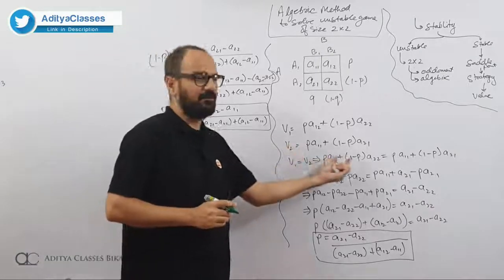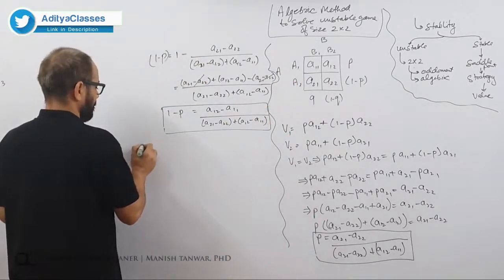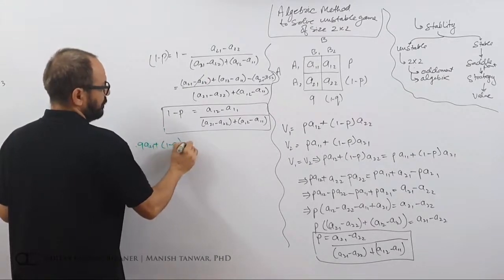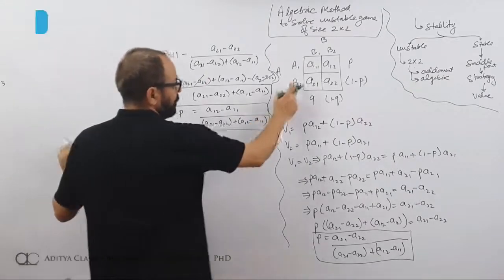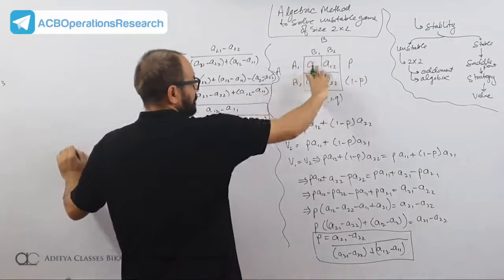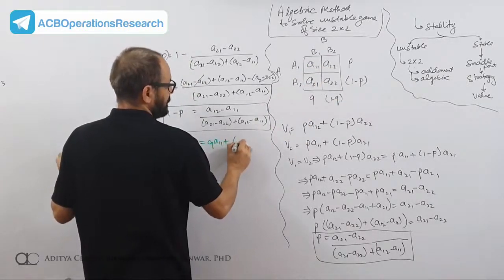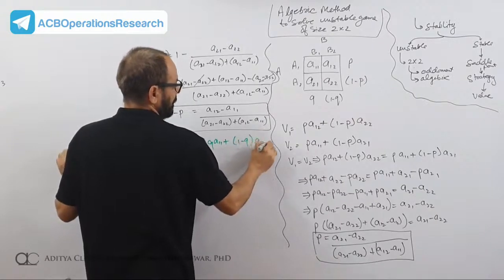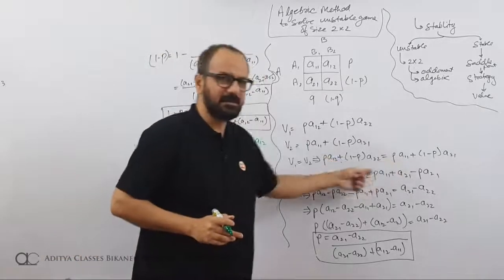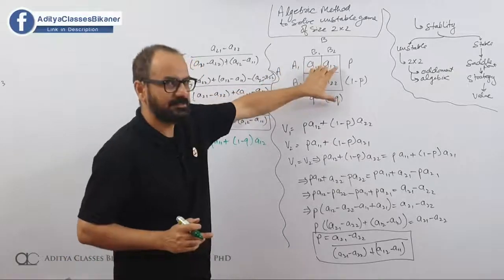If I write down this kind of equation, Q into A21 plus 1 minus Q into A22 has to be equal to this combination also, which is Q into A11 plus 1 minus Q into A12.